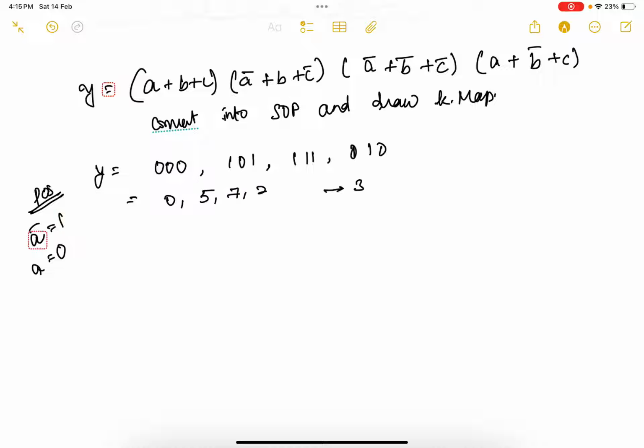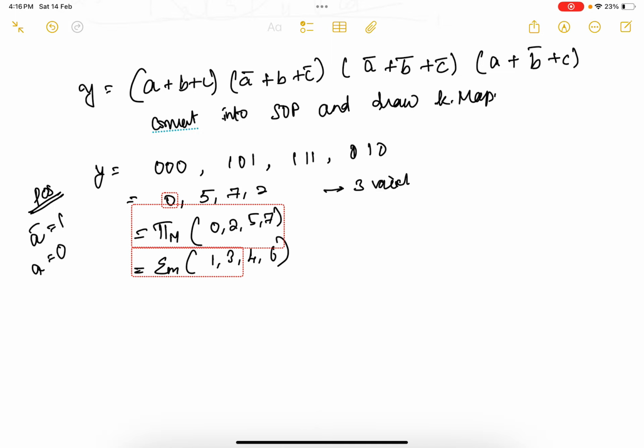So this is nothing but a 3 variable function. This will be written as pi of capital M 0 to 5 and 7. When I want to write in the summation of small m, this can be written as 1, 3, 4 and 6. So totally 8 variables.